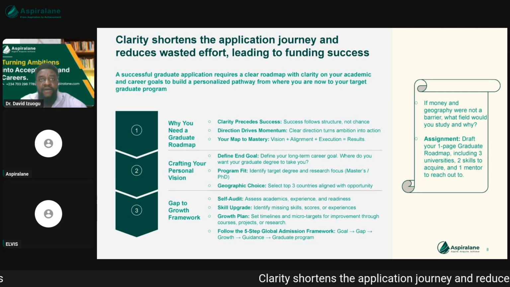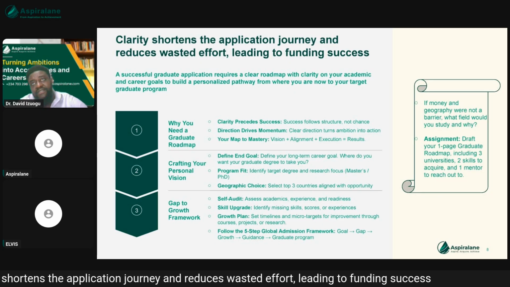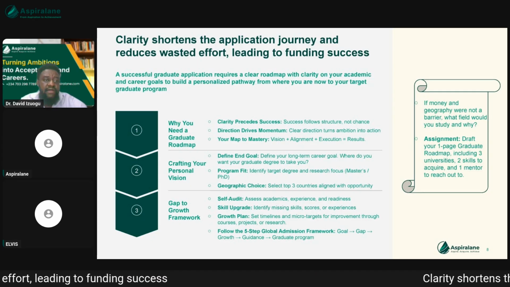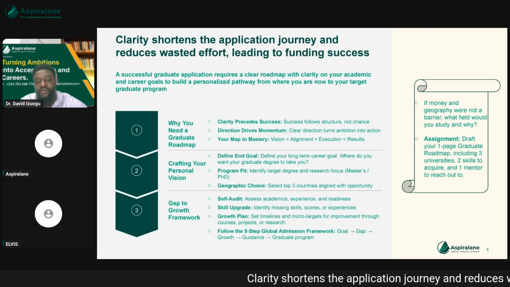A lot of people have come to me and said, man, I really want to do a master's, but I'm not sure in what. Like, I want to do a master's in chemistry, but I'm not quite sure where. That means you don't have a sense of clarity yet. So the first step is to solve that problem of self-clarity, right?